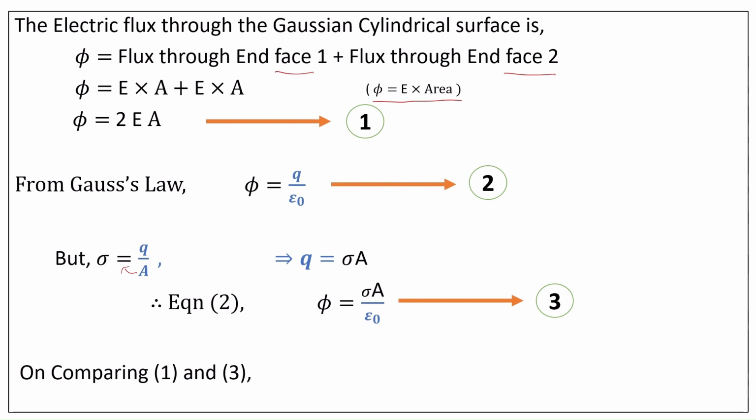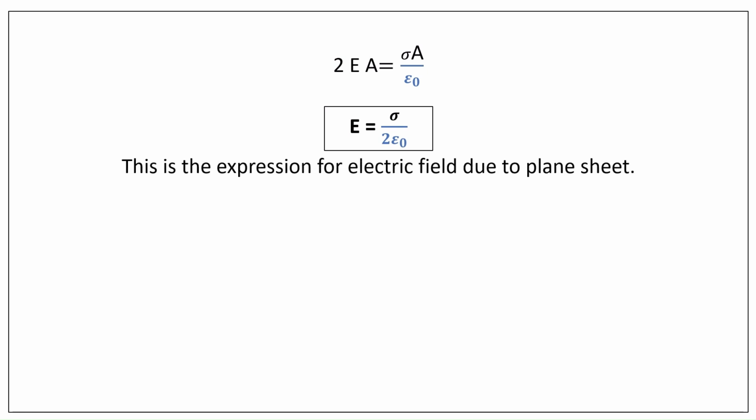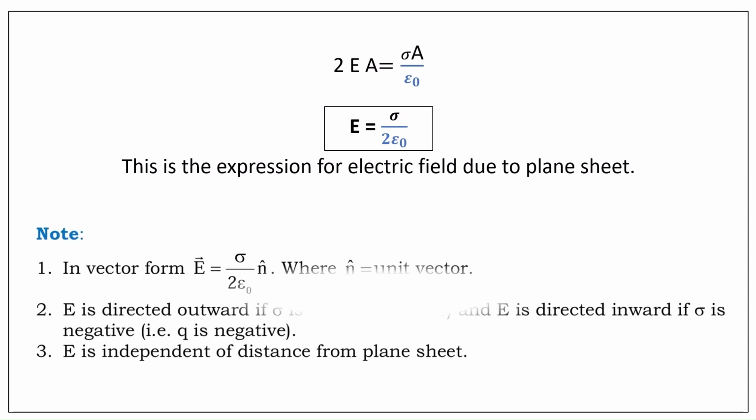On comparing equation 1 and 3, we get 2EA is equal to sigma A by epsilon naught. Therefore, E is equal to sigma by 2 epsilon naught. This is the expression for electric field due to plane sheet.